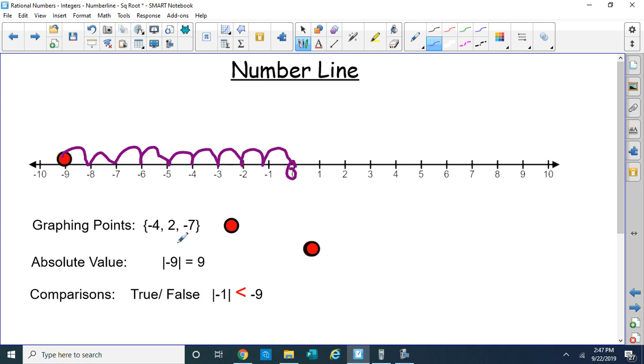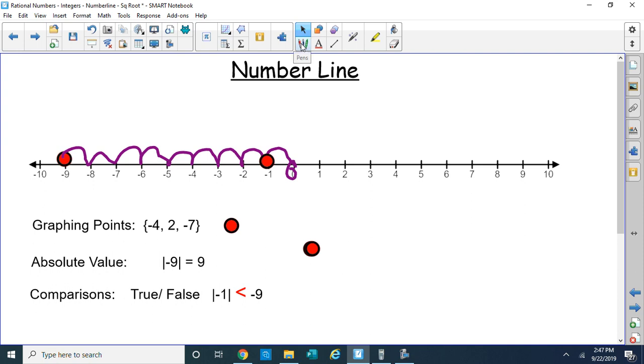All right, true or false? The comparison. Absolute value of -1, is it less than -9? Well, let's graph that. So absolute value of -1 means how many spaces is -1 away from 0.